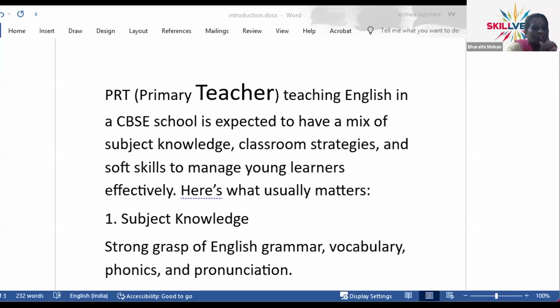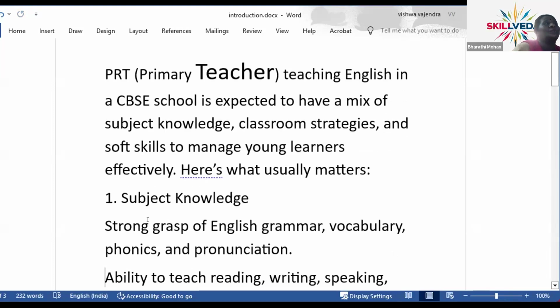So we have to teach not only the subject, but also the values. We talk about soft skills, about teaching them empathy and things like that. Unless we teach them empathy, the children will not learn civic sense.